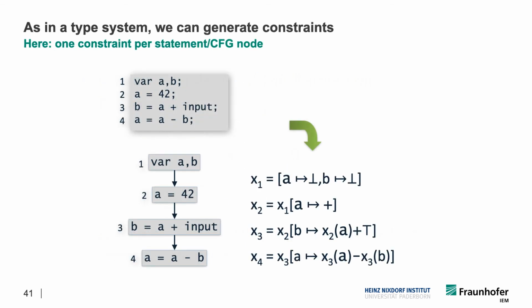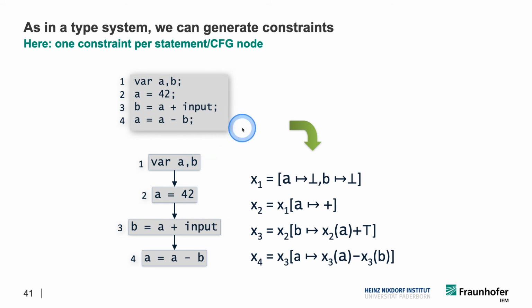And now, similarly to what we saw in typed systems, also here we can basically again generate constraints, right? So here we basically have one constraint per statement, or you can also more exactly say one constraint per control flow graph node. And if we now, for instance, assume that little program here where we have variables A and B that are initially uninitialized and where we have some unknown input value that is coming from the command line, for instance, then this would translate into such a control flow graph here.